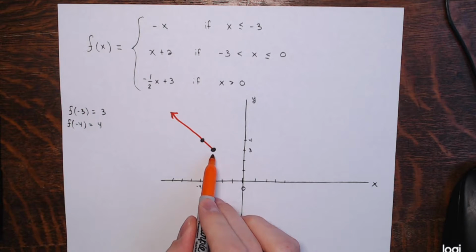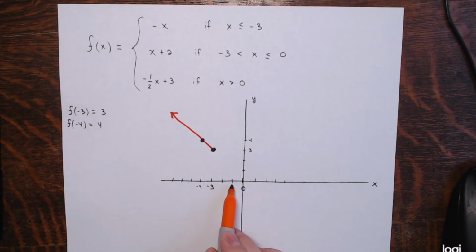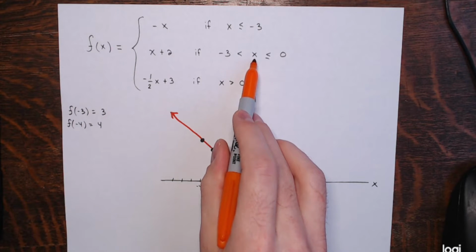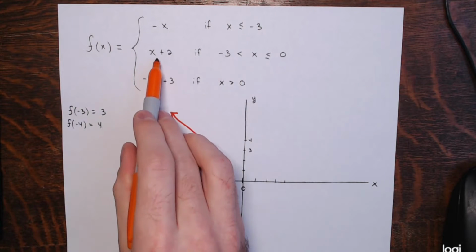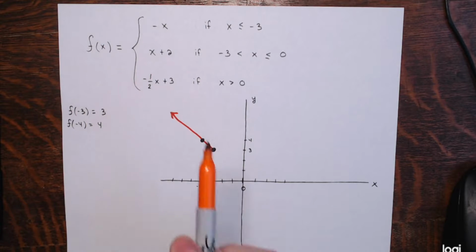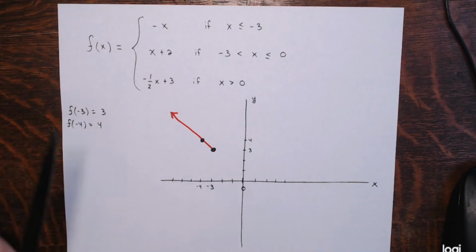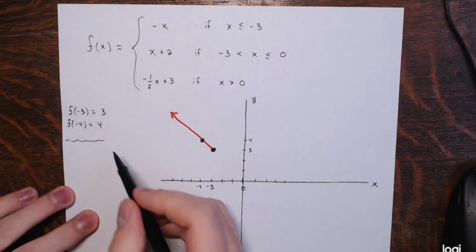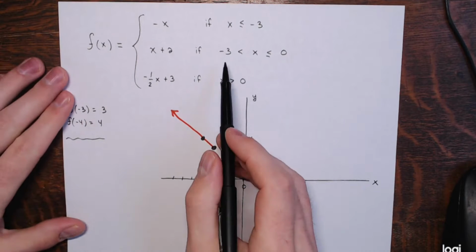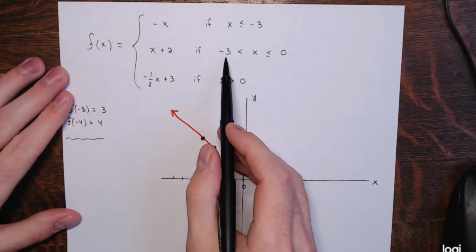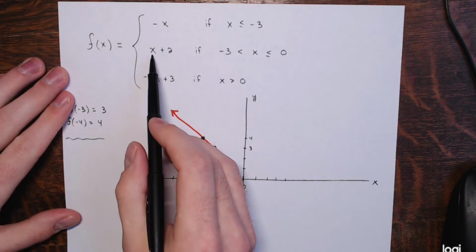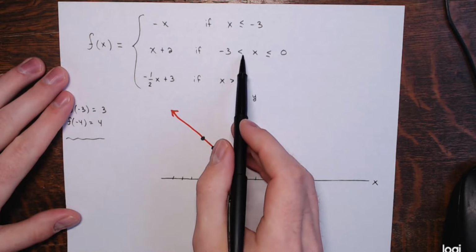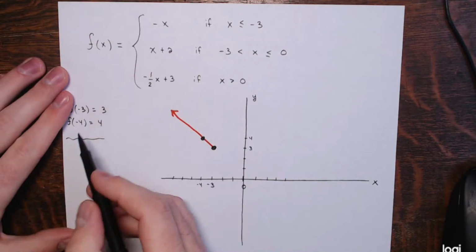Because after negative 3, right, between negative 3 and 0, we're drawing a piece of this graph, y equals x plus 2. So that's for the top piece. Now if you want, you can plug in negative 3, even though it's not there, right? X is greater than negative 3, and there's going to be a hole.